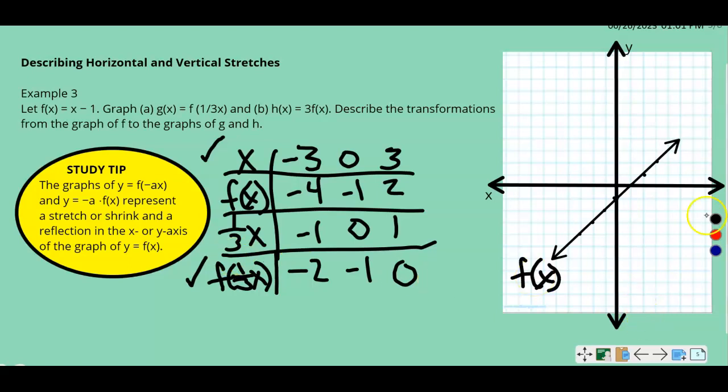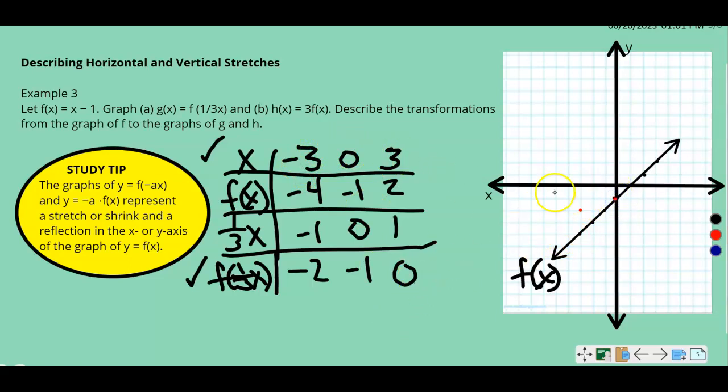All right, so let's graph this. Let's graph this in red. All right, so -3, -2. So -3 on the x. And then 0, -1.